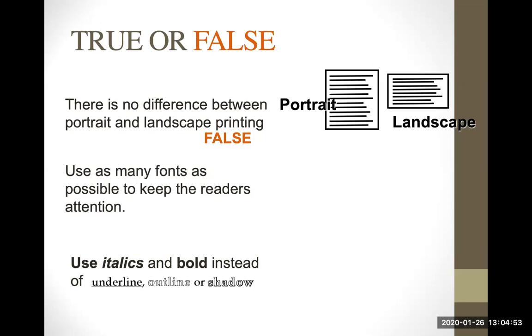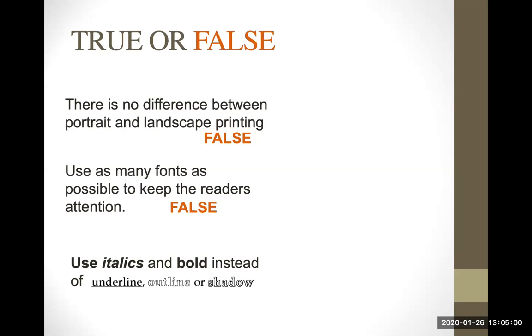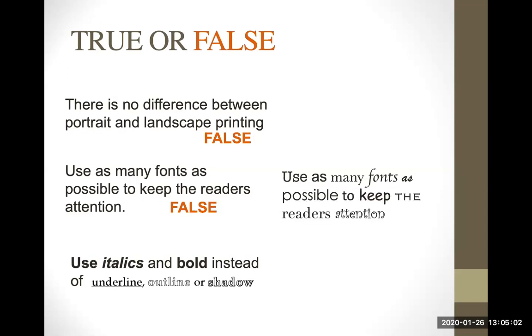Use as many fonts as possible to keep the reader's attention. Our second question here obviously is false. It just looks ridiculous. Italics and bold instead of underline, outline, or shadow. That is very true.